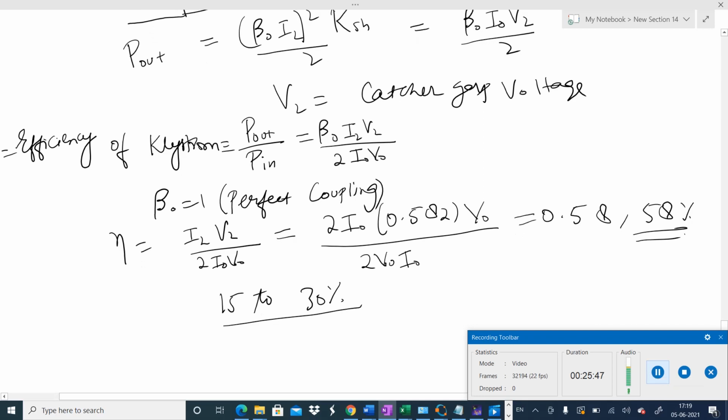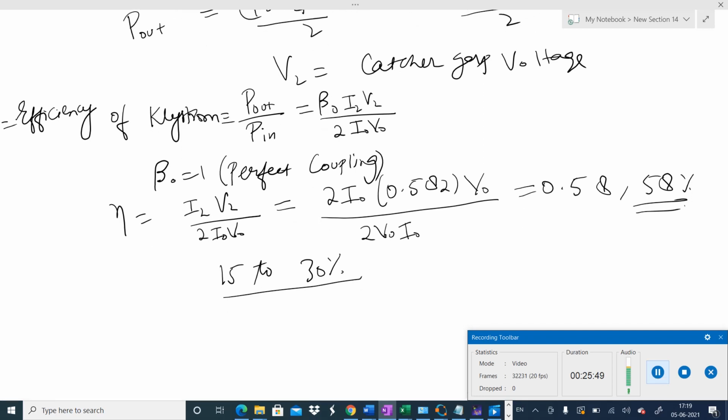You can see that the klystron amplifier, if you look carefully, can be better modeled in terms of a transconductance parameter, because on the one hand you have the induced current in the catcher cavity, I2 induced, and on the other hand you have the voltage amplitude V1 of the input RF side.